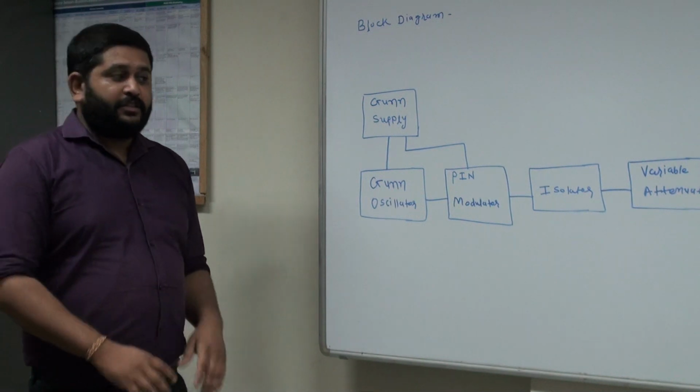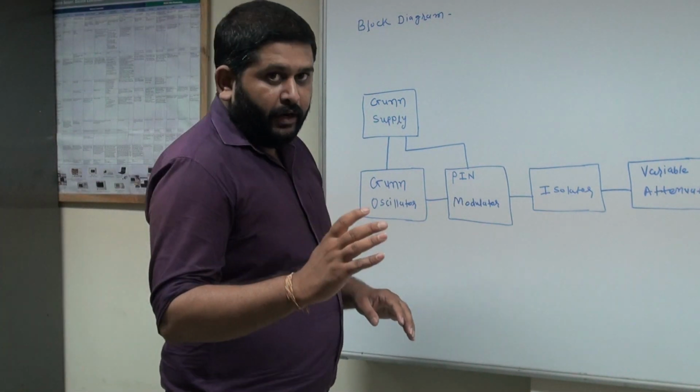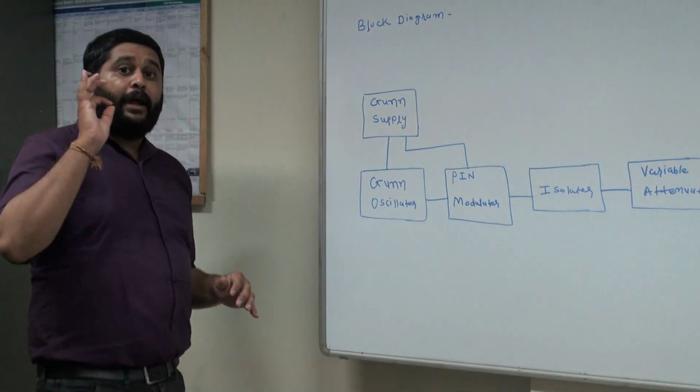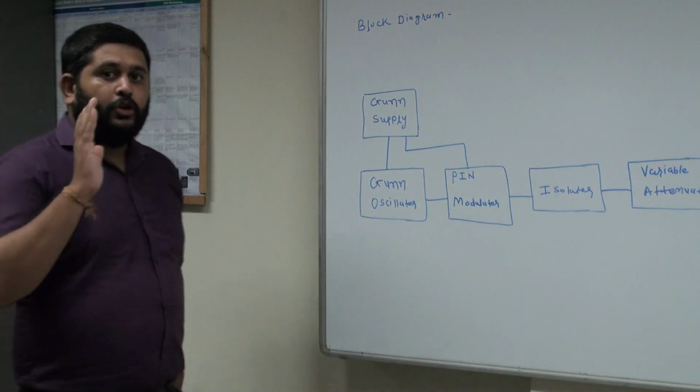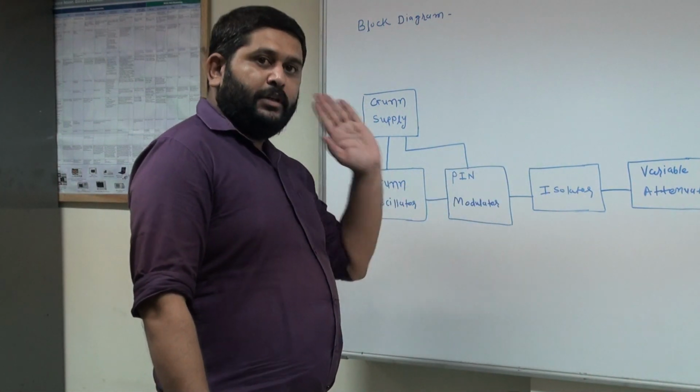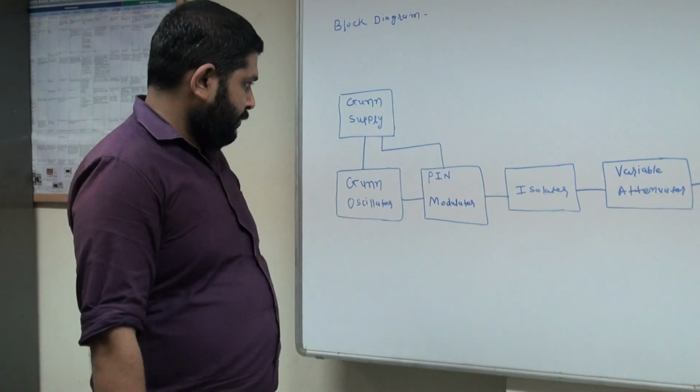The X band frequency is 8 to 12 GHz, and that is assigned by the Indian government for academic purposes, 8 to 12 GHz. So the output of the pin modulator is between 8 to 12 GHz.